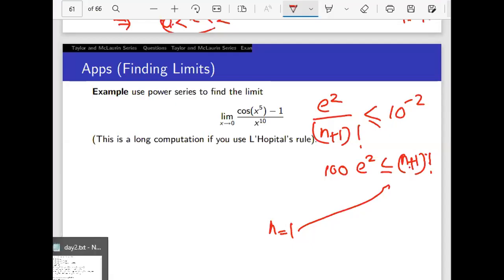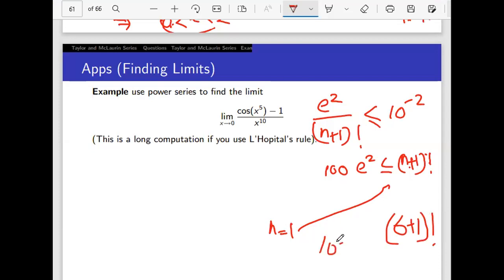So that means 6 plus 1 is 7. This one satisfies. Yep. 10 to the 10 times e to the 2 less than or equal to this. All right, this one is the minimum n.